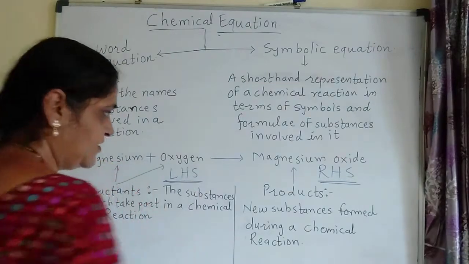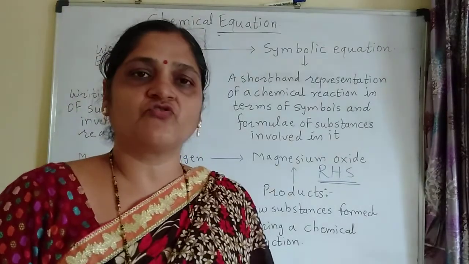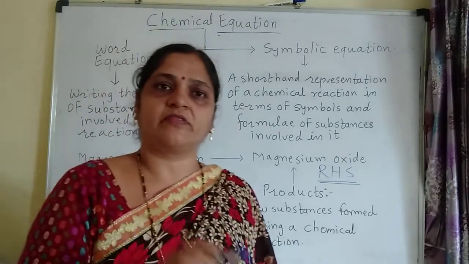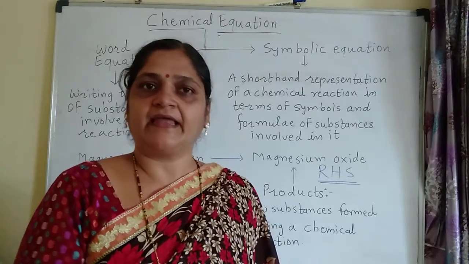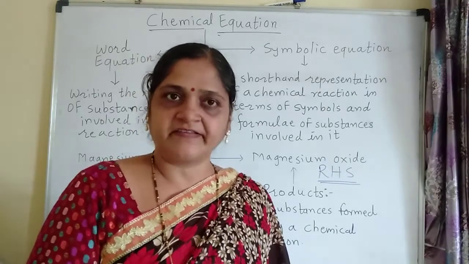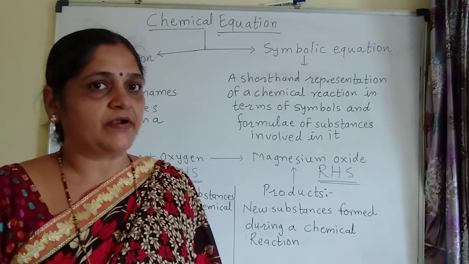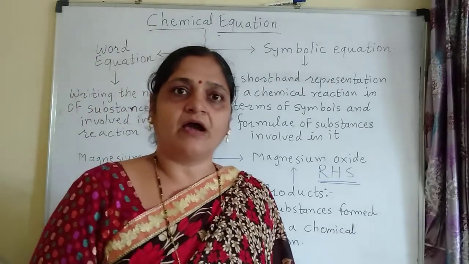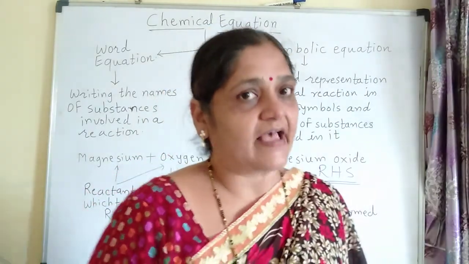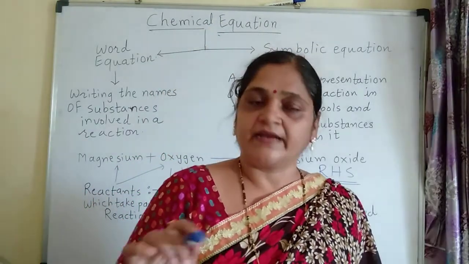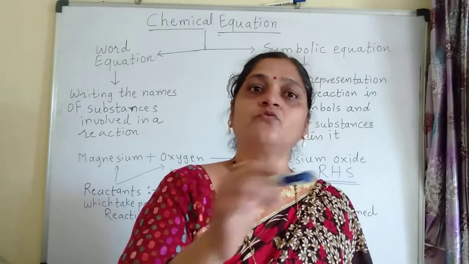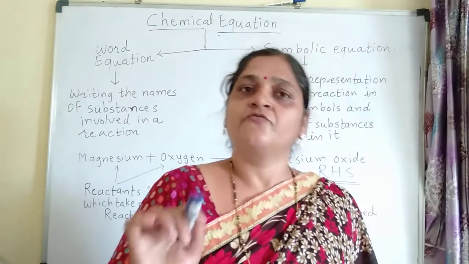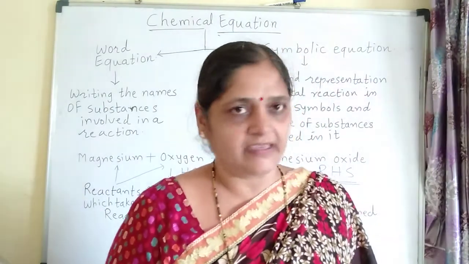It is a must. There will be an arrow between reactants and products, and the arrowhead should always point towards the products. Then you write a plus sign between two reactants or two products. These are some steps we have to follow when we are writing a chemical equation.